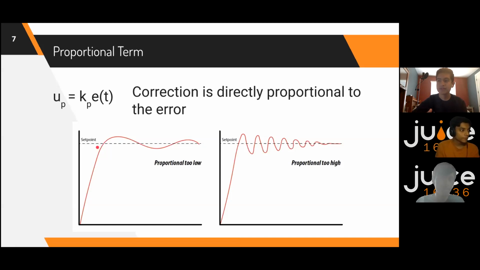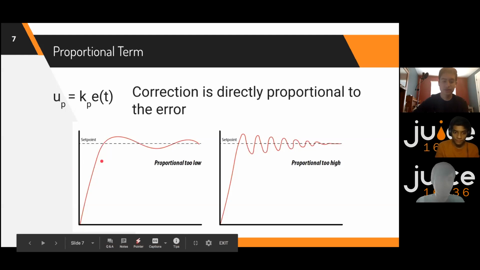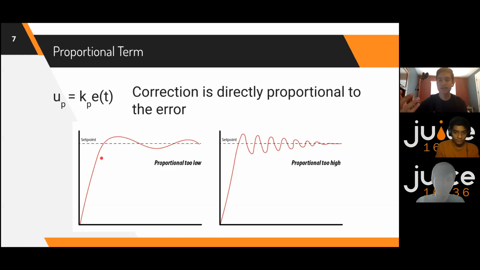If you've experimented with the power applied to motors in your FTC robots, you might notice that if you go to around 0.1 power, it varies per robot, but something around that, you won't actually be able to move your robot. Because the weight of the robot is too much for that little power to actually move the robot. So what happens is, as the proportional value gets too low, your robot will just stop moving because it doesn't have enough power anymore to actually move forward.